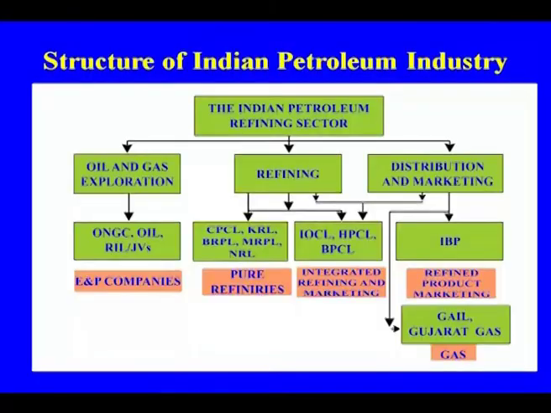So, this is the structure of the Indian petroleum industry. In the Indian petroleum refining sector, for a refinery we must have crude oil, so the first part is oil and gas exploration. Here the major players are ONGC, Oil and Natural Gas Corporation, and Oil India, which was earlier under the Assam Oil Company when oil and gas exploration was started in Assam, but is now in the public sector.